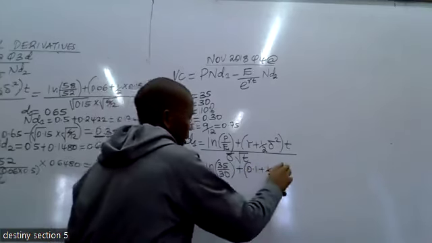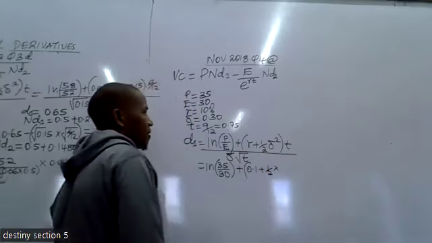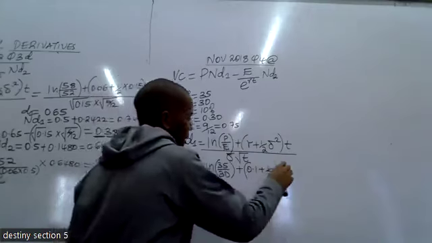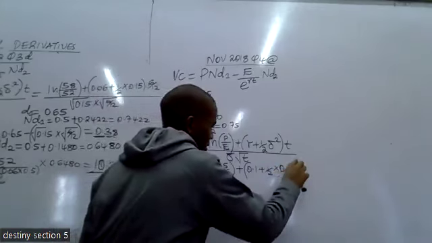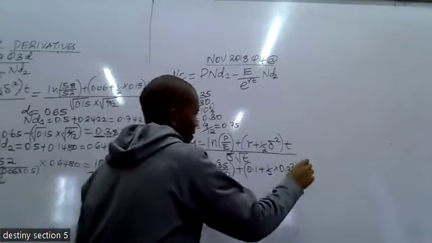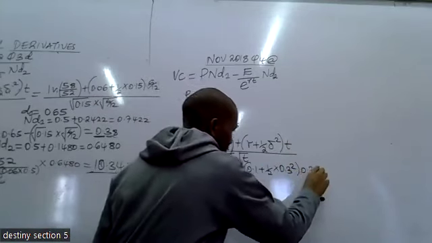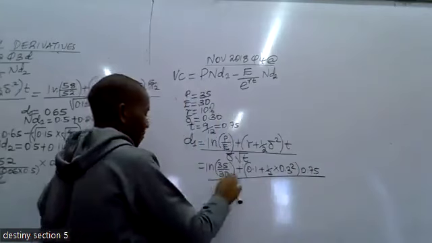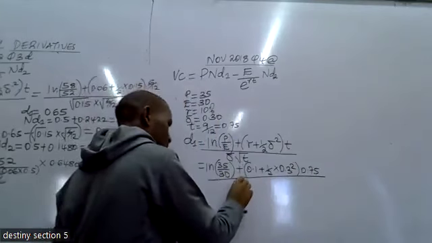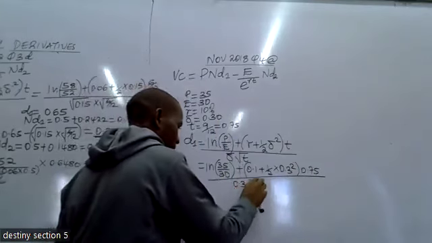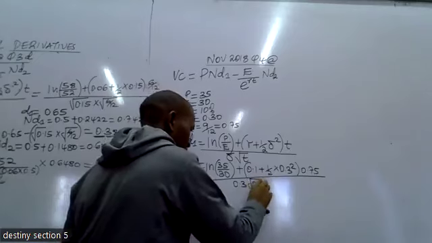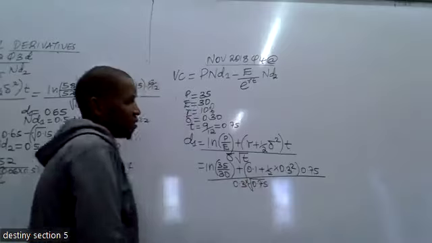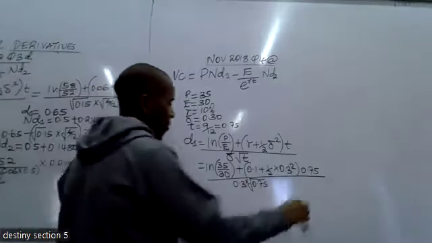We multiply by what is our variance? We just square the standard deviation. Then I multiply by 0.75. Then we can divide by 0.3 square root of 0.75. So that is giving you how much?